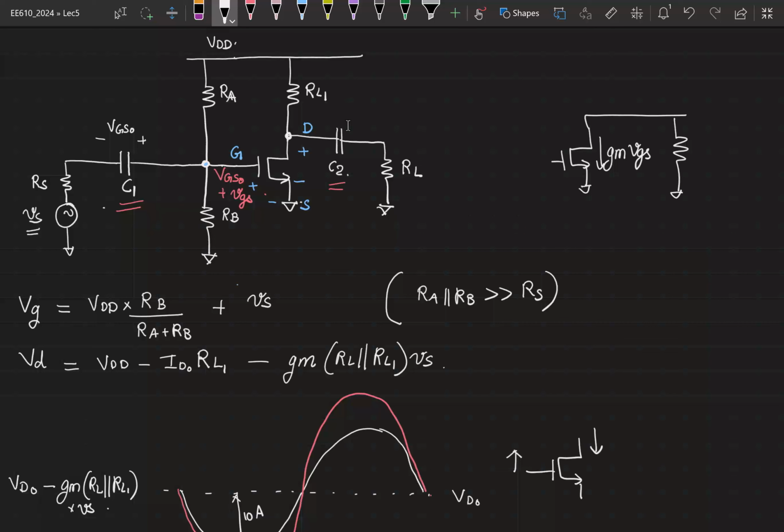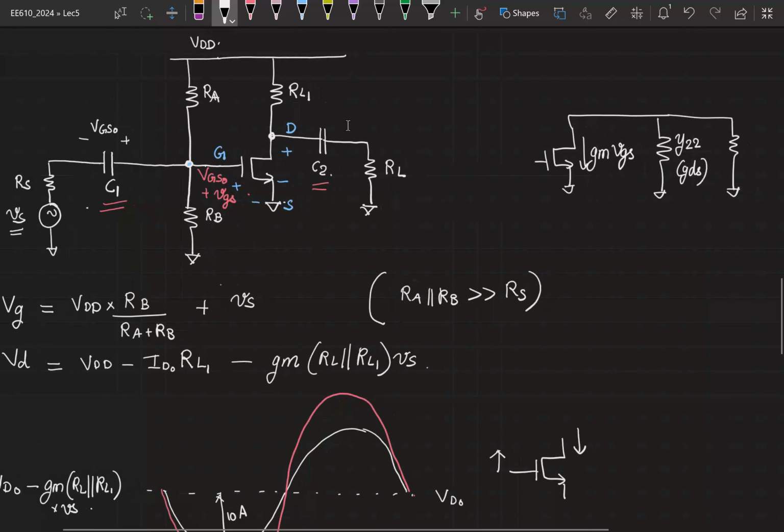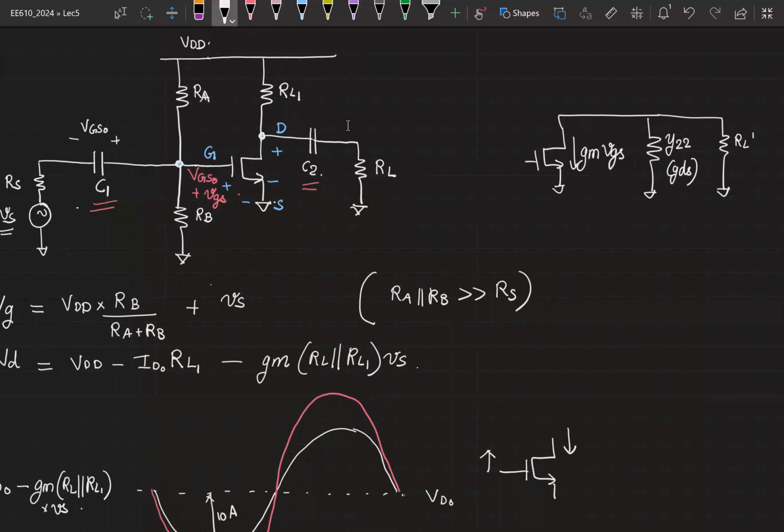Then you will have a Y22, which we represented using GDS, followed by the remaining resistance RL parallel RL1, right? Therefore, because I have shown RL instead of writing GDS, I will say RDS, right?